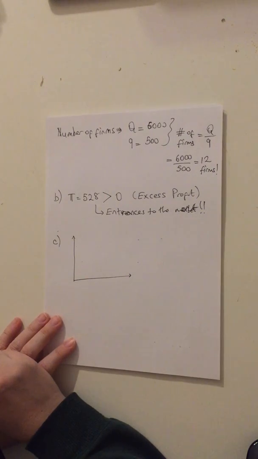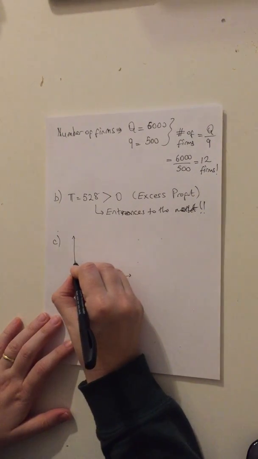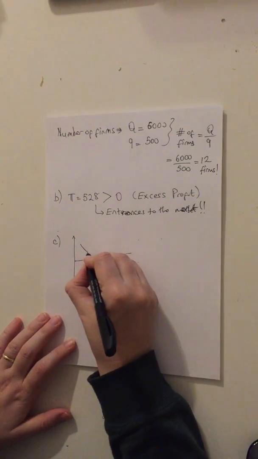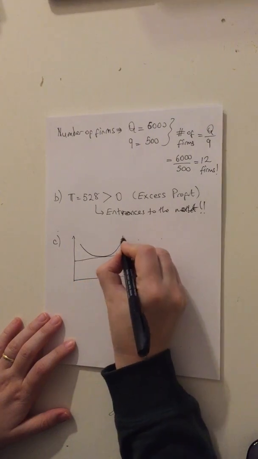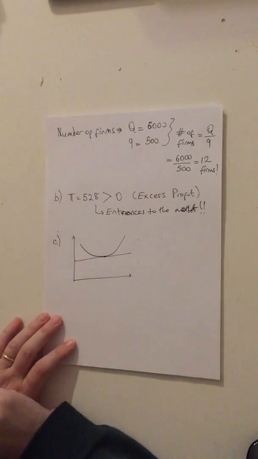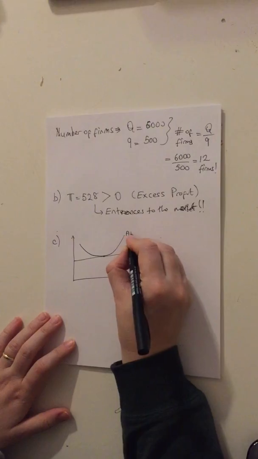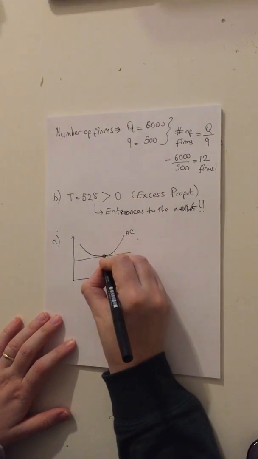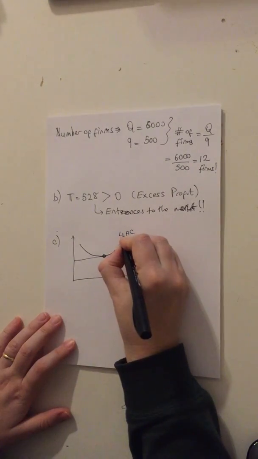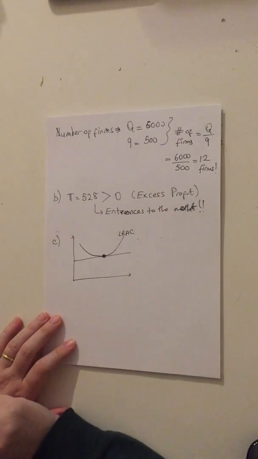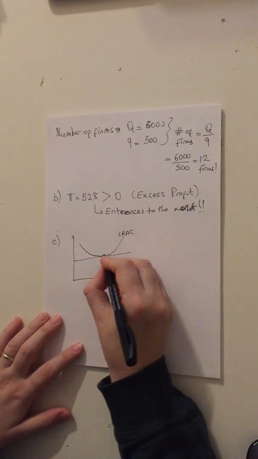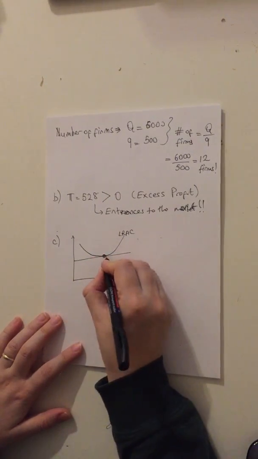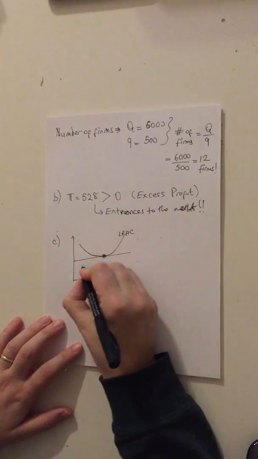We don't have average cost here. So all firms in the long run work with normal profit, and the normal profit is determined at the minimum point of the long run average cost function. So we need to find the minimum point of the long run average cost.